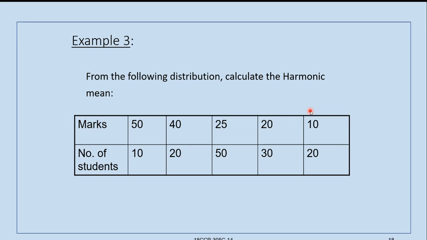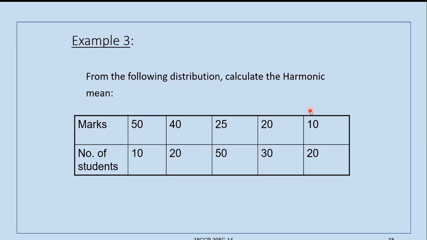Third product is 1 by 25 into 50, 1 by 20 into 30, and 1 by 10 into 20. So these are the values in the fourth column, that is f into 1 by x. F into 1 by x is nothing but f by x.